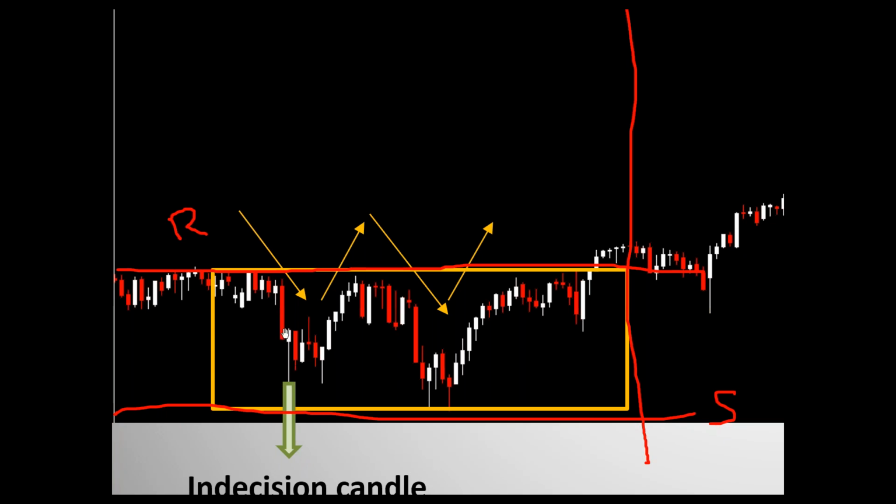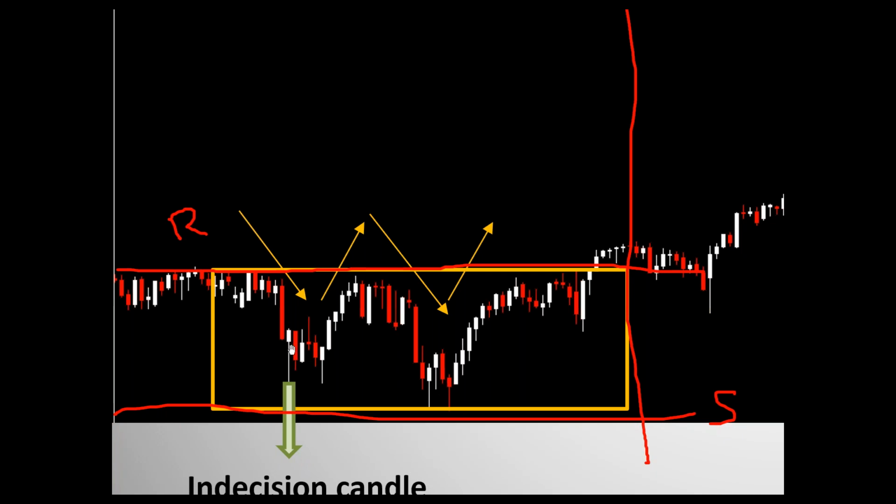But the next hour or the next session, whatever, I noticed that this candle has a small bullish body and a long tail to the downside. So this is my first sign of indecision close to the support area. Why?